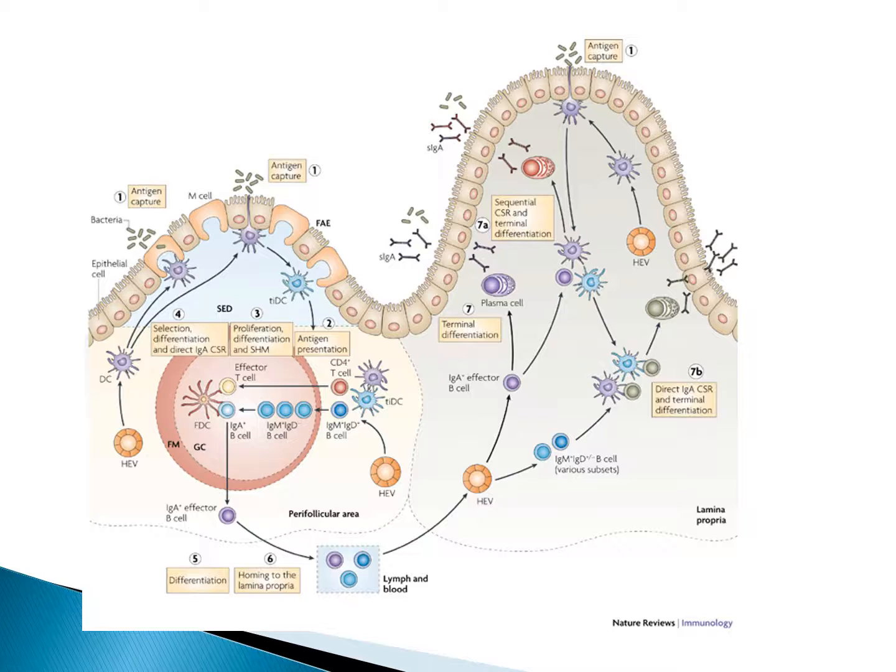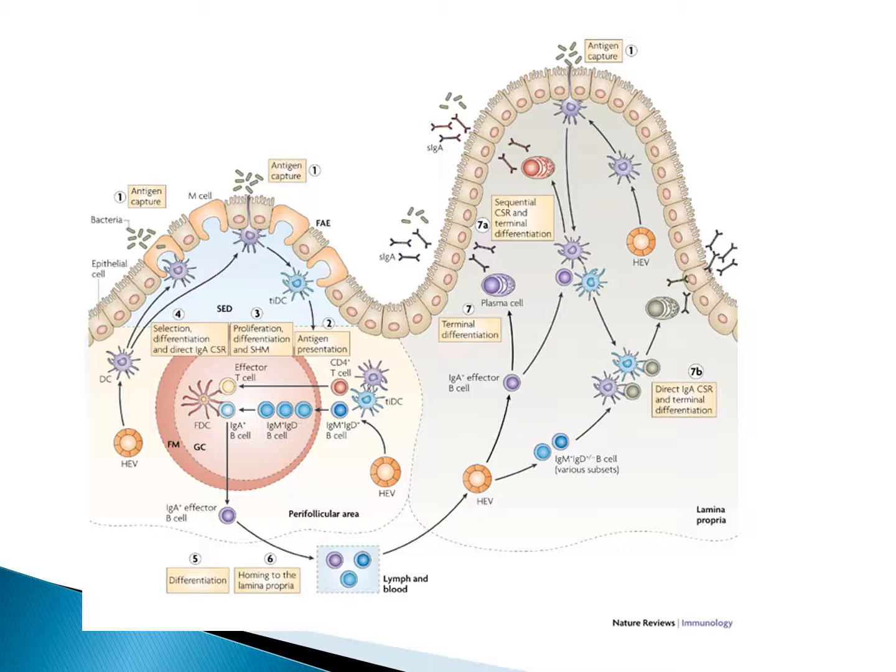So, sorry. To walk you through this illustration, there are a couple of different ways in which antigens are captured. One is through endocytosis, basically meaning that these M cells help suck up the antigen, in this case a bacteria, and show it to your antigen presenting cell, such as the dendritic cell here.